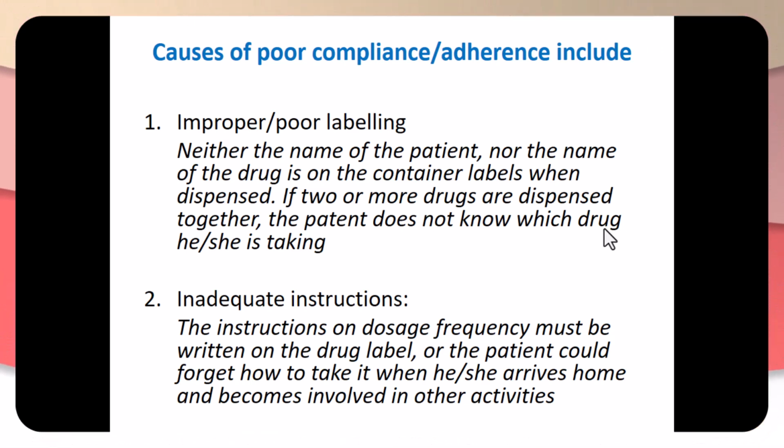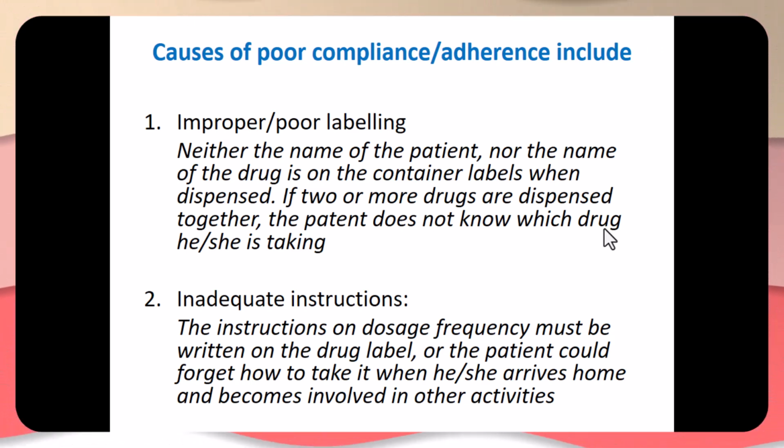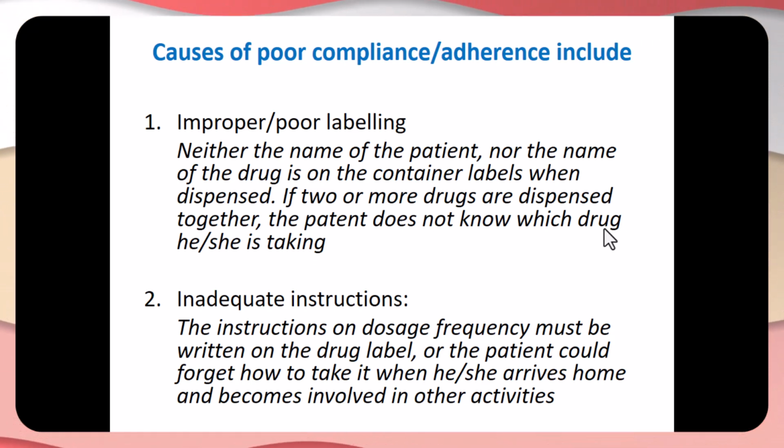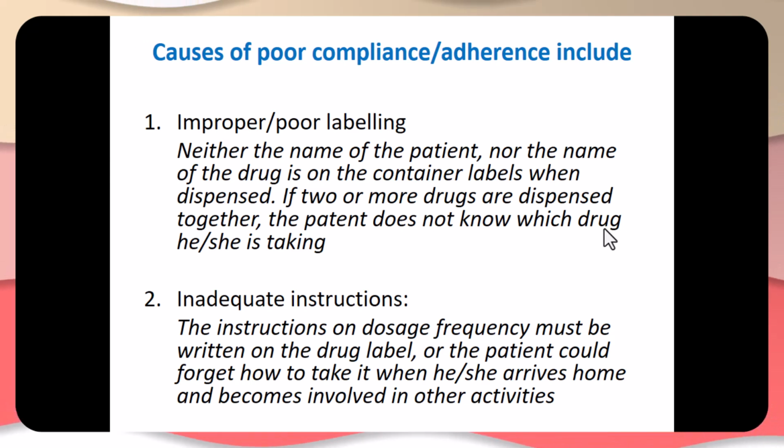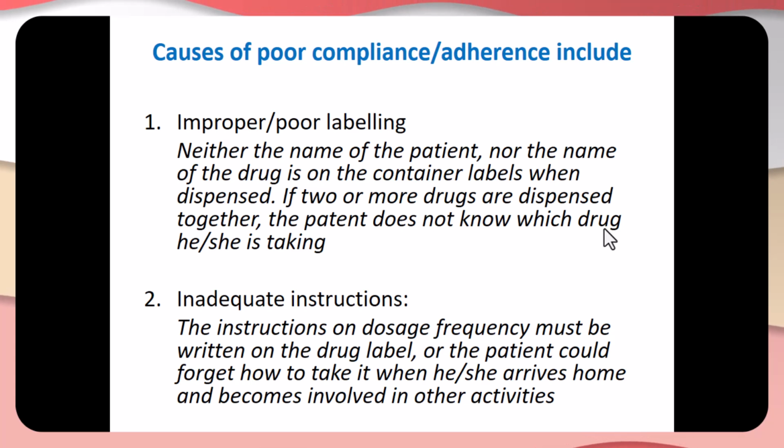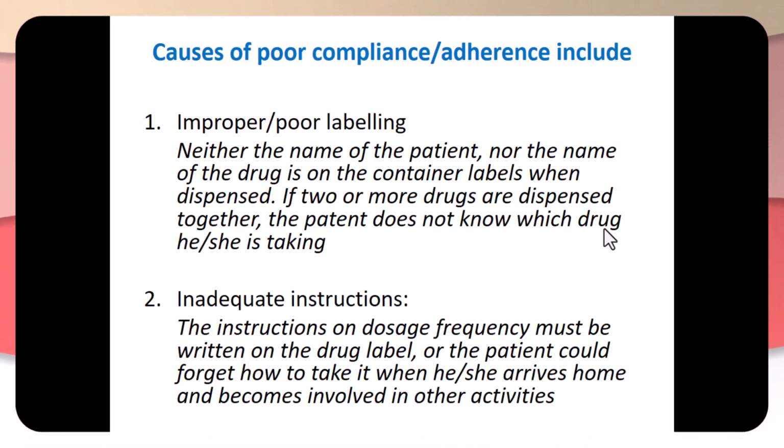When we don't label the medication right, when we don't follow the standard operating procedures of labeling the containers or the packaging material that we are going to use to give this medication to the patient, it is a very big problem. It can be that either the name of the patient is wrong, or the name of the drug we are giving to the patient is wrong on the container.